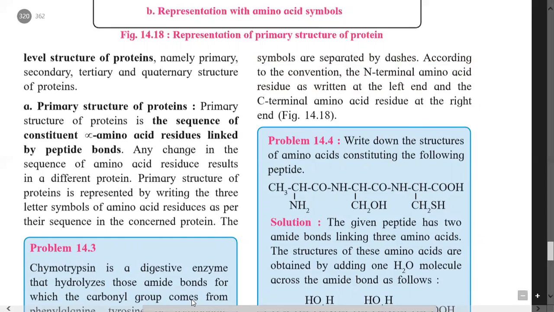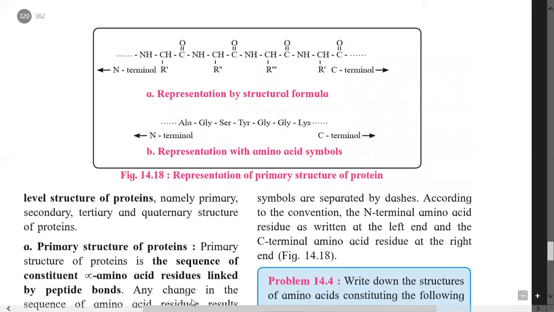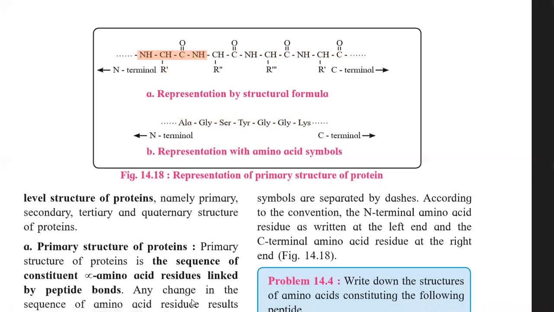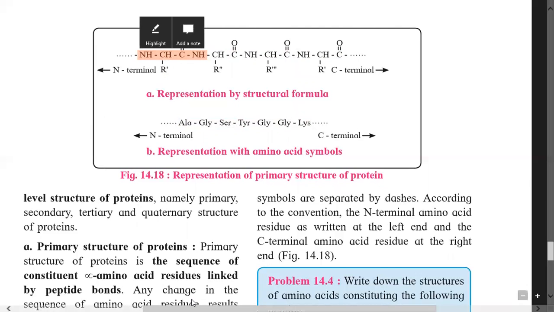This is shown in this structure. So here we have NH-CHR-C=O-NH. This is the N-terminal because the NH group is present at the left end, called the N-terminal.